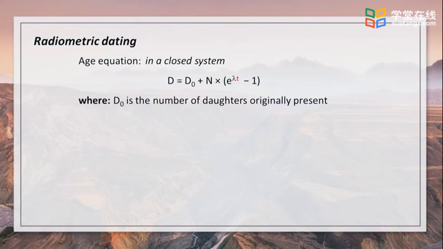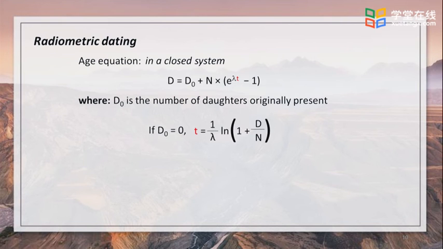In general, there are some atoms of daughter nuclei around to begin with, so a more general expression is this, where D0 is the number of daughters originally present. Where there are no daughters originally present, the age of a mineral can be calculated according to this formula.